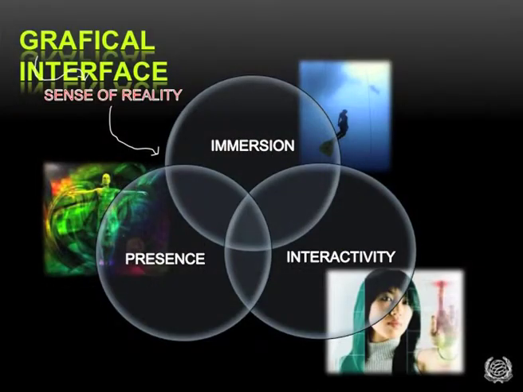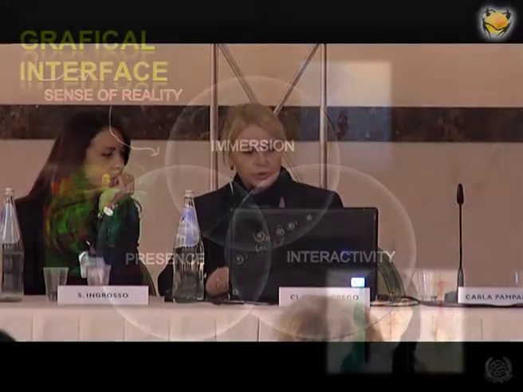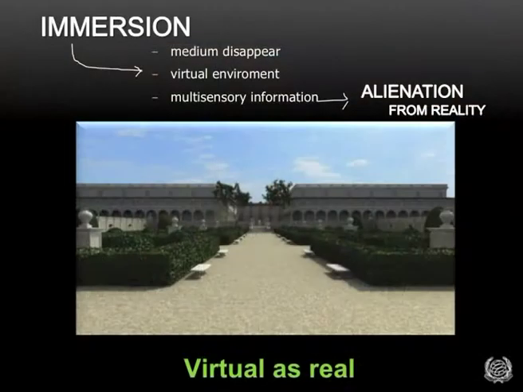The graphical interface has a strong sense of reality and is characterized by three elements: immersion, presence, interactivity. Now we will see an example of an immersive environment where the medium tends to disappear. The user feels engulfed in the virtual environment using multisensory information that alienates the real context.